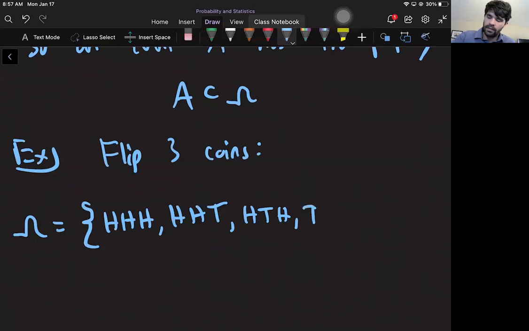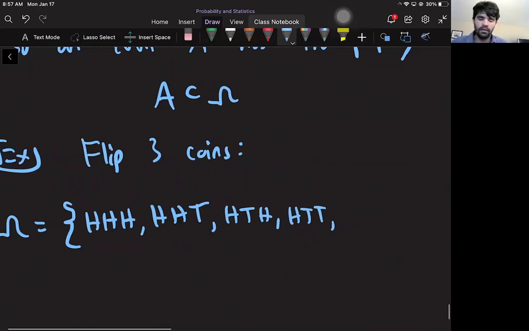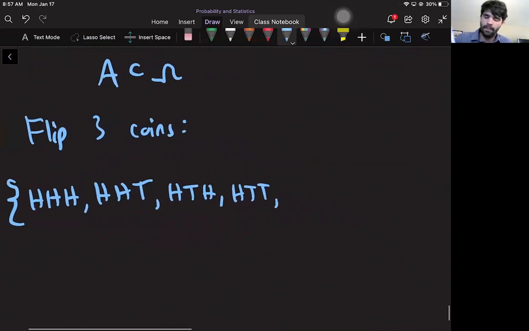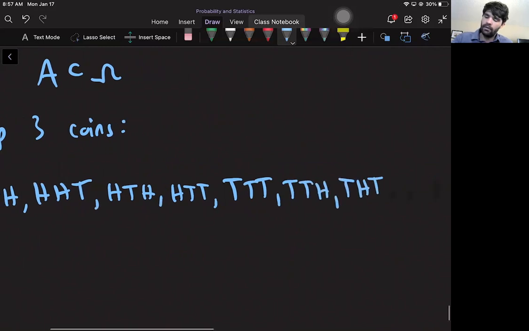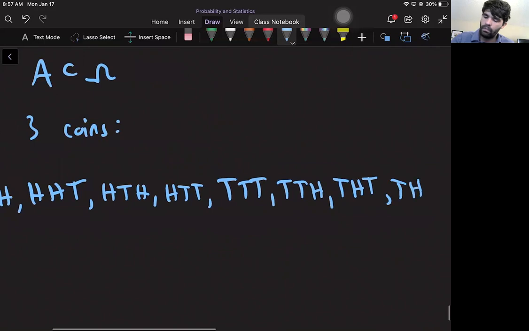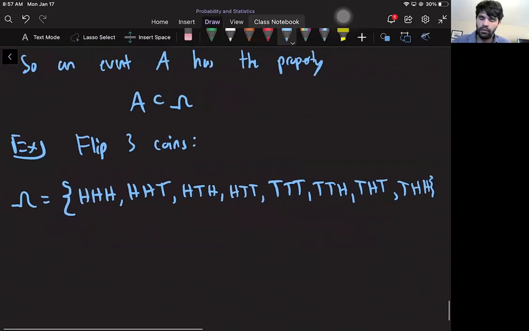And then the last 2 could be tails. And those are all the ways to flip 3 coins starting with heads. But I could also start with tails and then do the same type of pattern to figure them all out until I get all of them. Okay, so this is the sample space for flipping 3 coins.